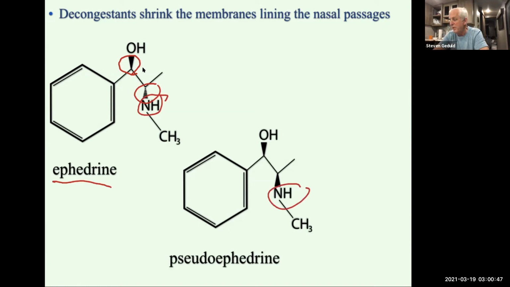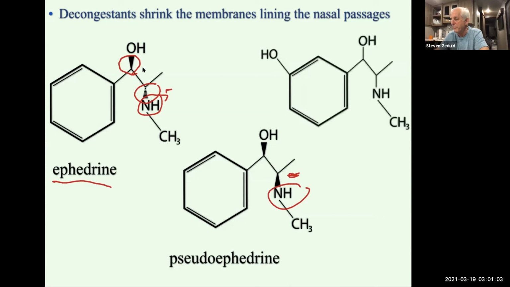In fact, the only difference is the cis-trans relationship. This one's coming out, this one's going in. Everything else is exactly the same, just how it's positioned in three-dimensional space. And this was neosynephrine. There's an extra OH group under that one.